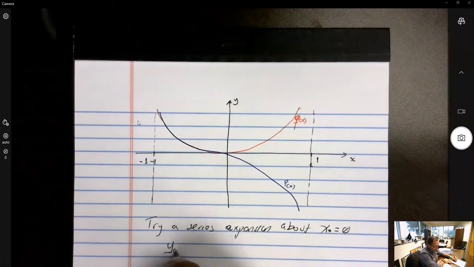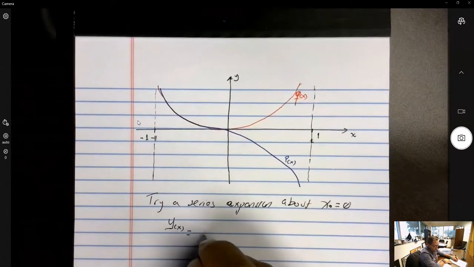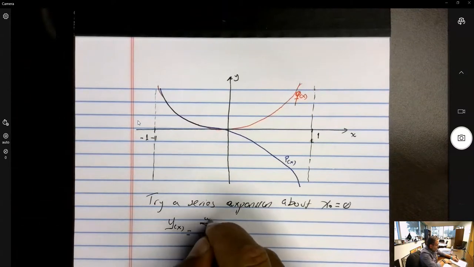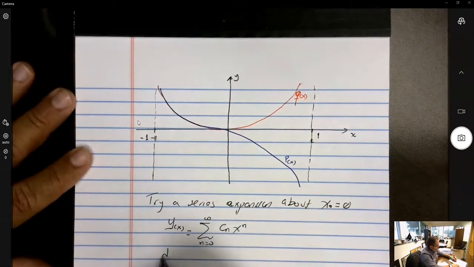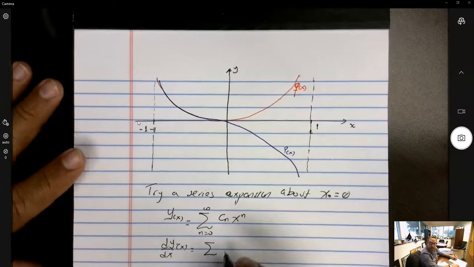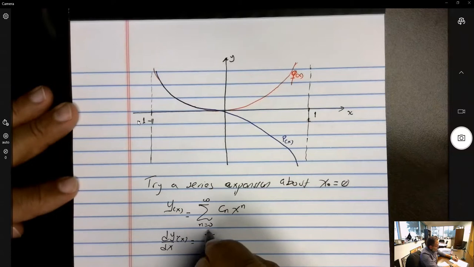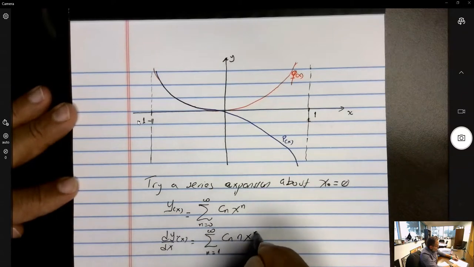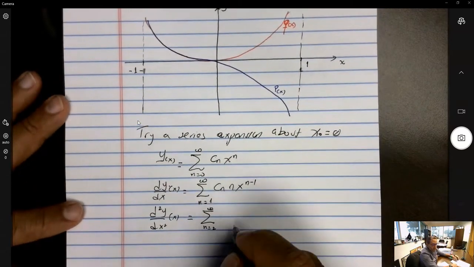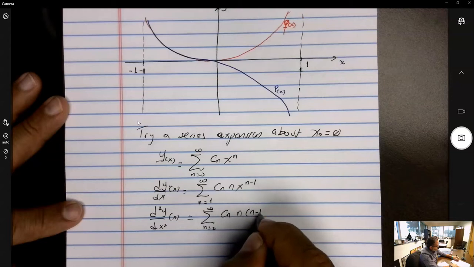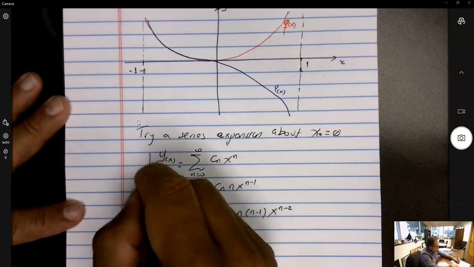So if we say y of x is equal to the summation from n equals 0 to infinity of cn x to the n, and likewise dy/dx is equal to the summation from n equals 1 to infinity of cn times n times x to the n minus 1, and the second derivative of y with respect to x is then the summation from n equals 2 to infinity of cn times n times n minus 1 times x to the power of n minus 2.